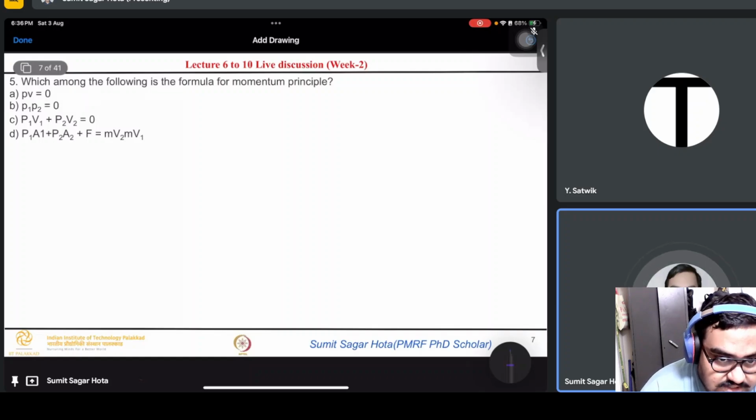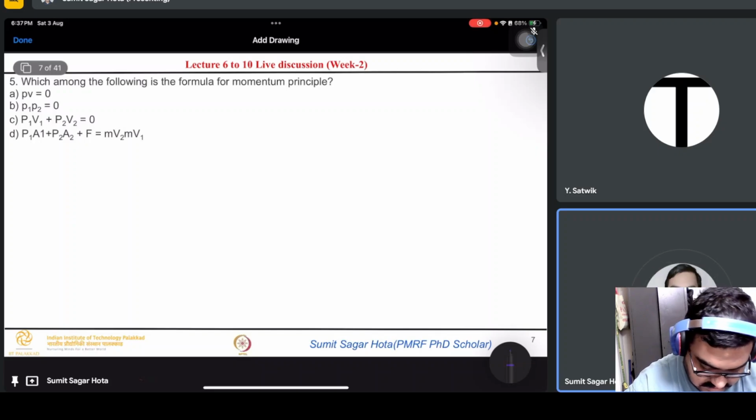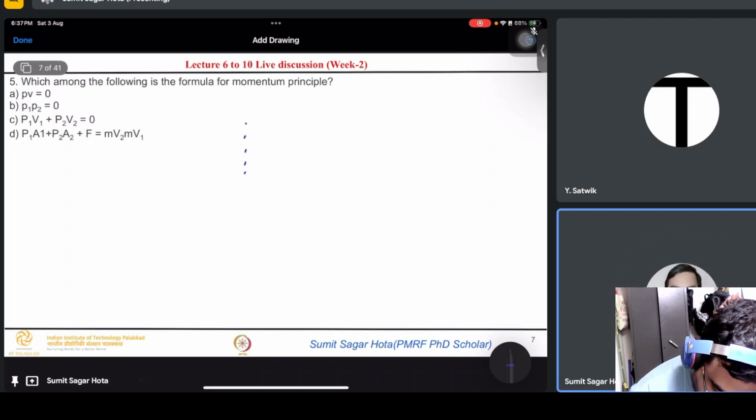Which of the following is the formula for the momentum principle? That's very simple. Obviously the last one: P1A1 plus P2A2 plus the force term leads to mv2 minus mv1. Basically I can directly prove this. We can take one control volume. This is the control volume.